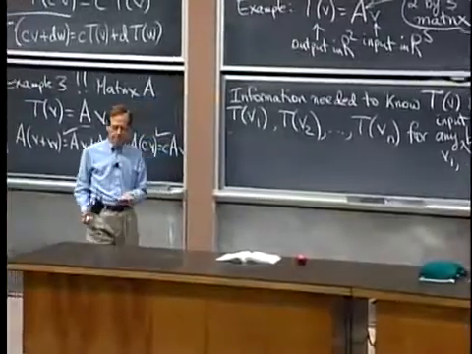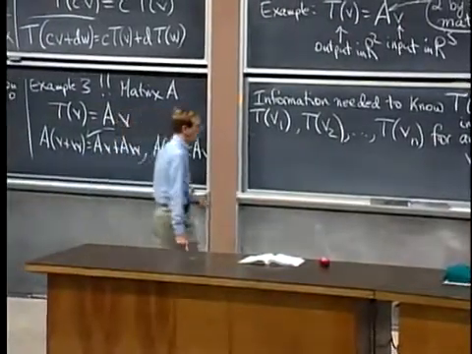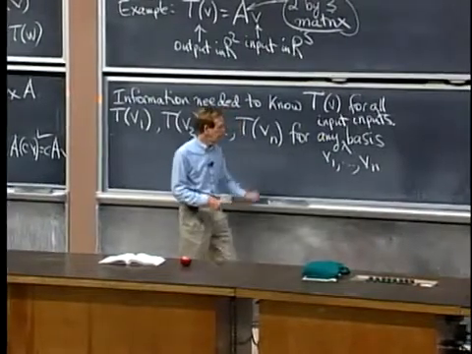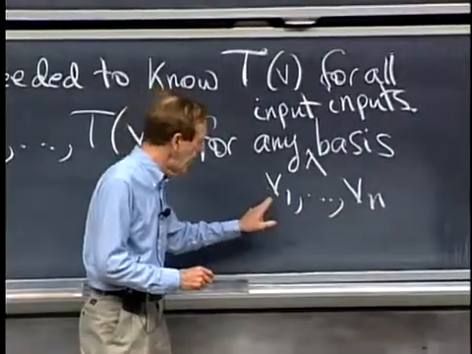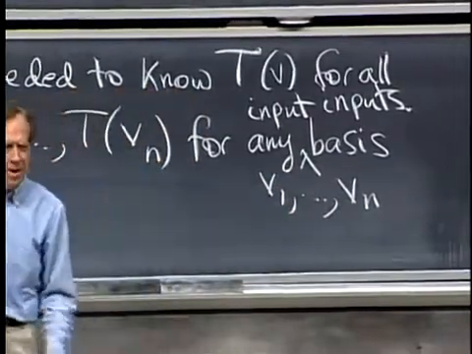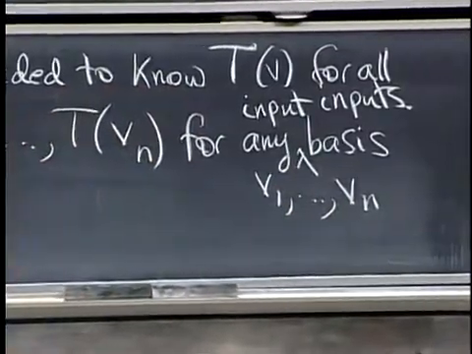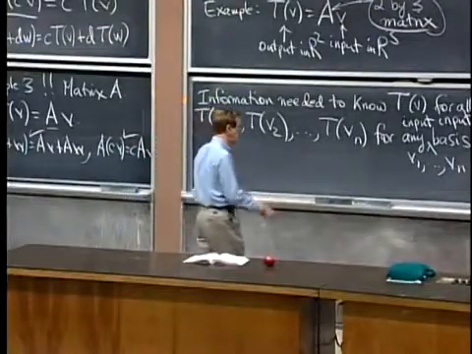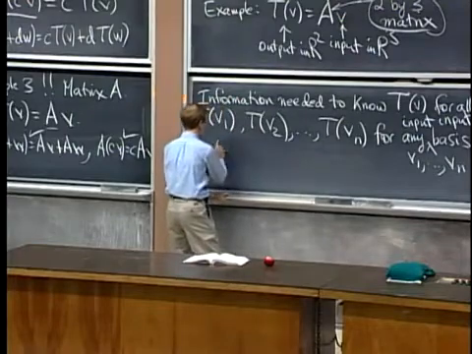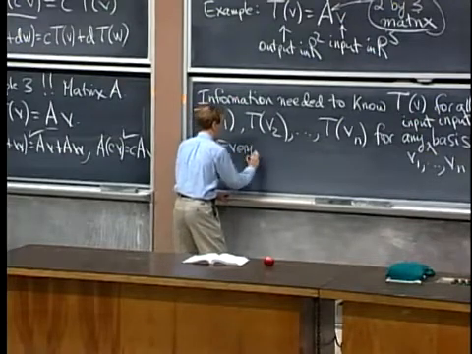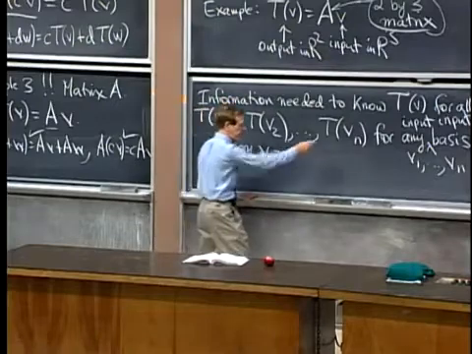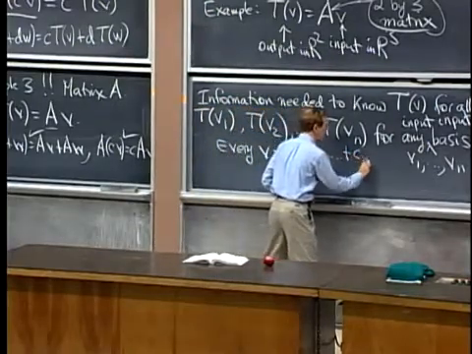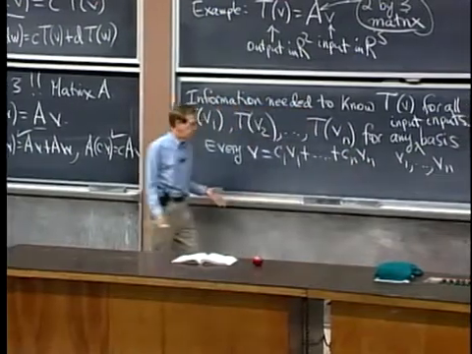You see this point. If I have a basis for the input space, and I tell you what the transformation does to every one of those basis vectors, that is all I'm allowed to tell you, and it's enough to know T of v for all v's. Because why? Because every v is some combination of these basis vectors, c1 v1 plus up to cn vn. That's what a basis is, right?